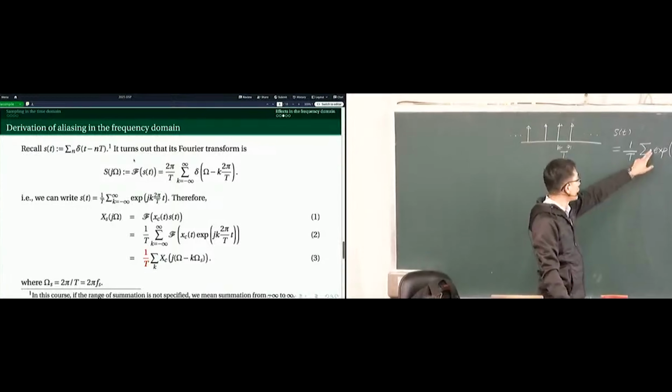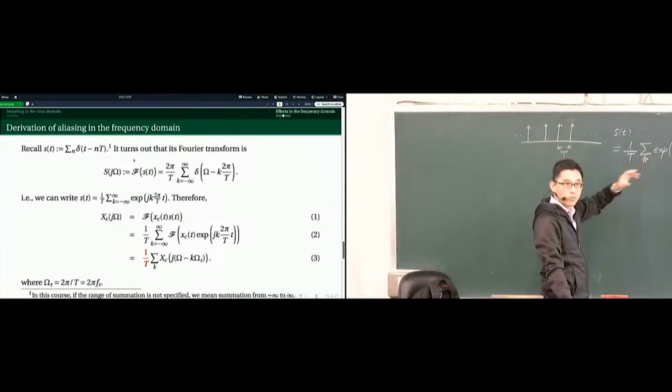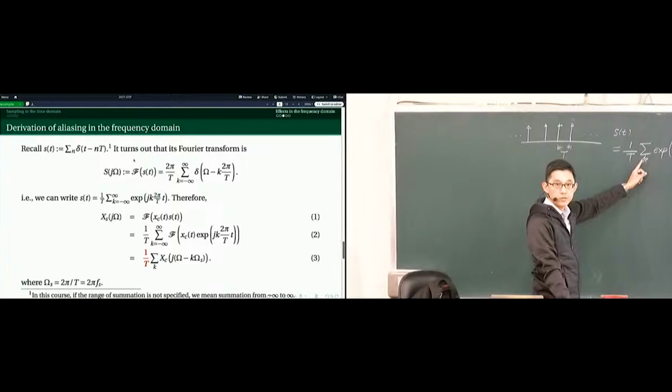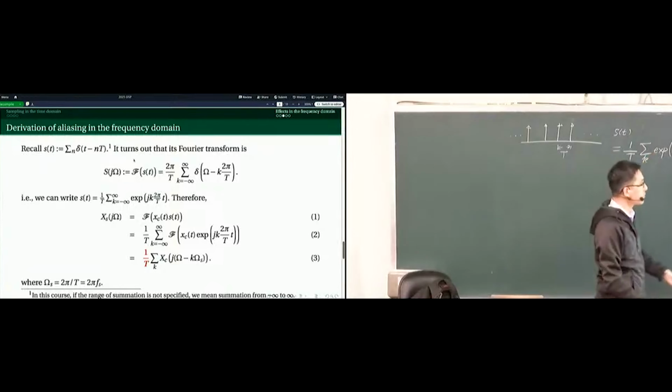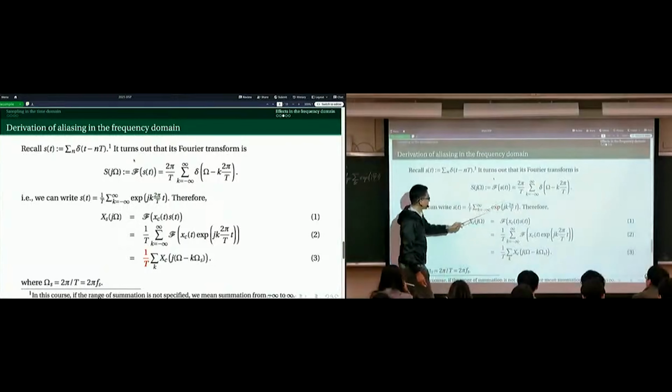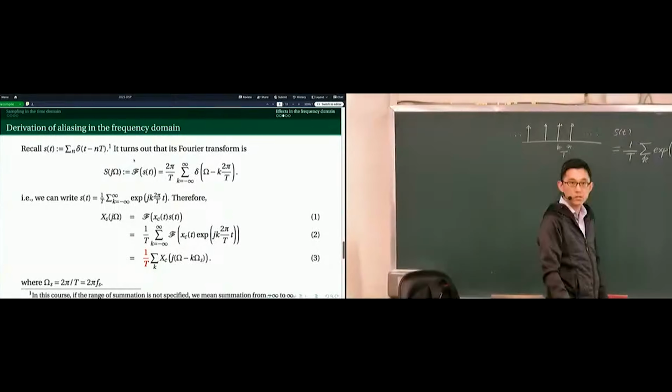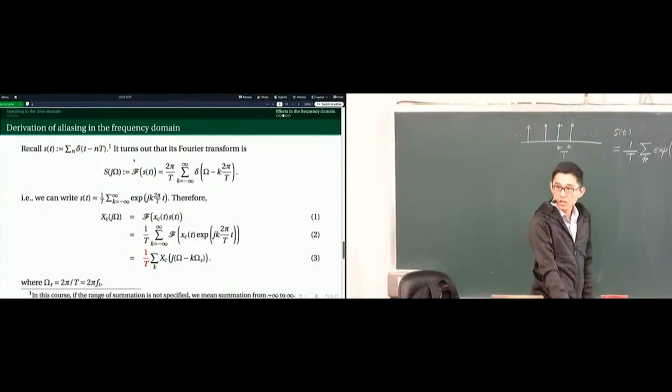In the most general case, for any arbitrary periodic signal, there should be coefficients. But in this case, all the coefficients are equal to the same thing, which is outside, 1 over T. That's the Fourier series coefficient.